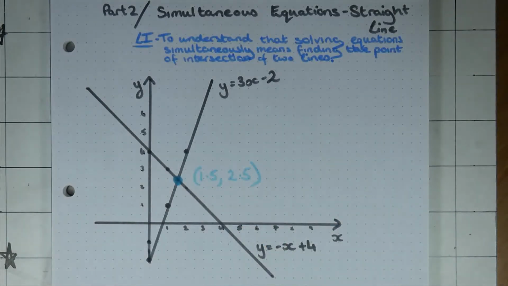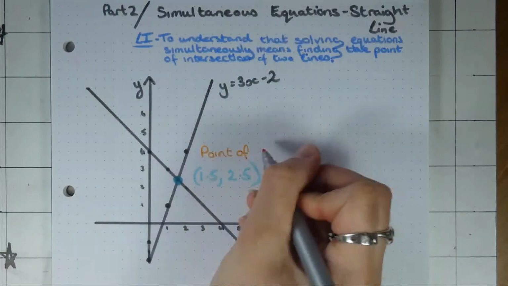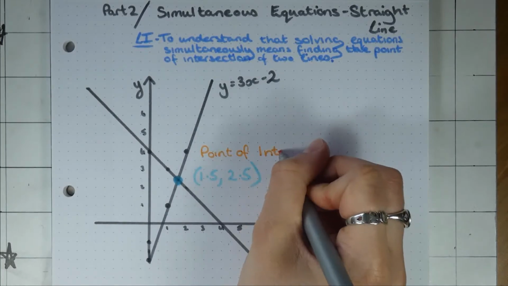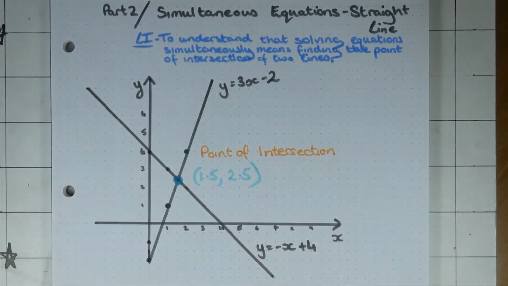So our point of intersection is when x is 1.5 and y is 2.5.